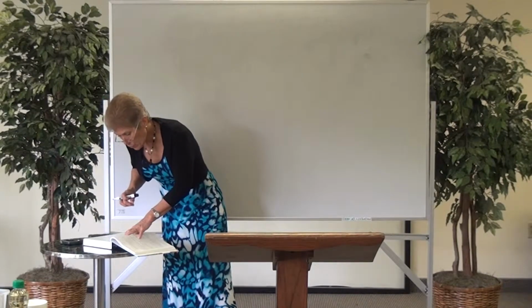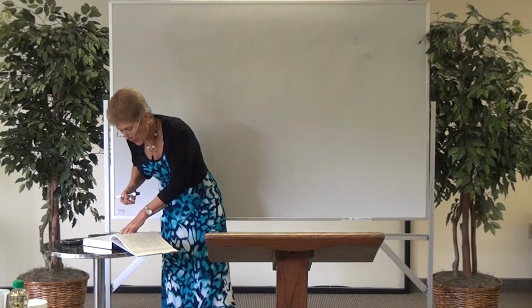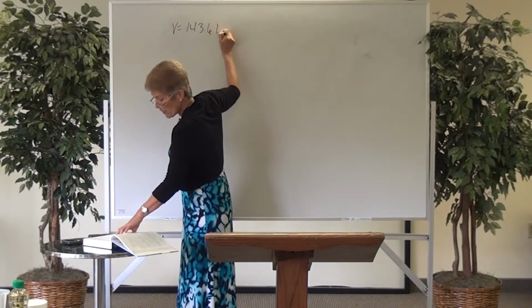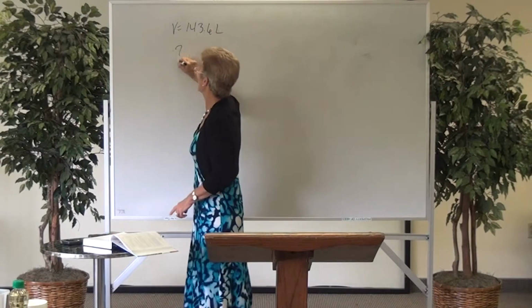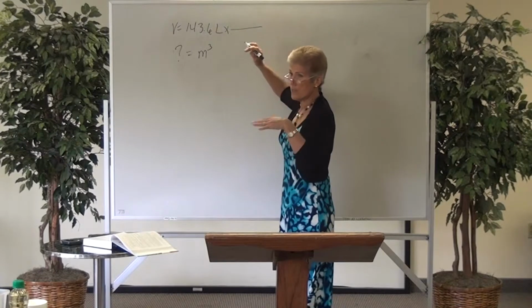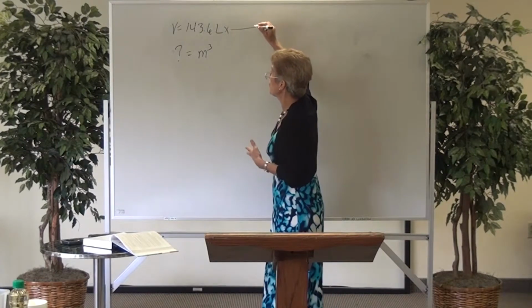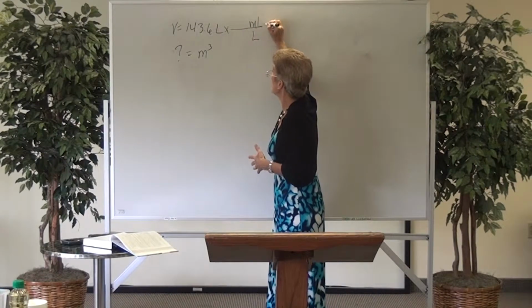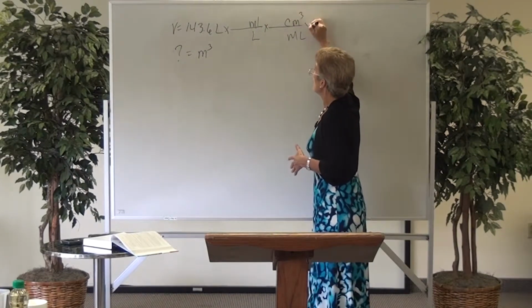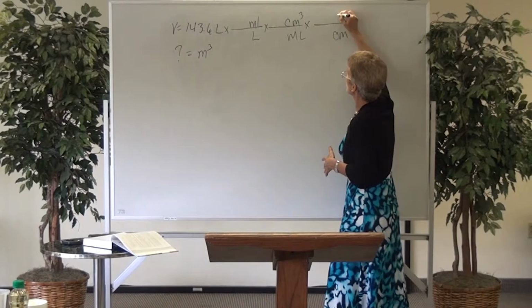Okay, number 20. A sample of a liquid has a volume of 143.6 liters. What is its volume in cubic meters? Once again, we have to go through the milliliter centimeter cubed bridge. So we're going to go here to milliliters. Then we can go from milliliters to centimeters cubed. Then we can go from centimeters to meters.